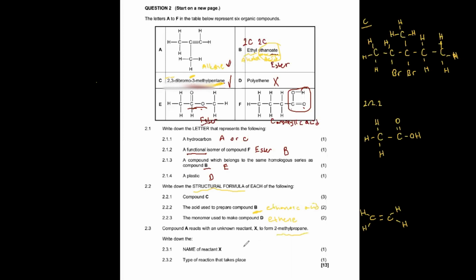To convert an alkene into an alkane, we need to add hydrogen atoms. So the reactant X will be H2, hydrogen gas. And as we are adding hydrogen gas, this reaction can be called an addition reaction. You may also call it a hydrogenation reaction.